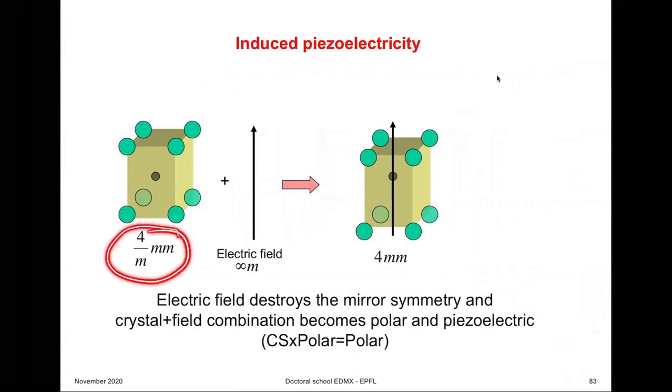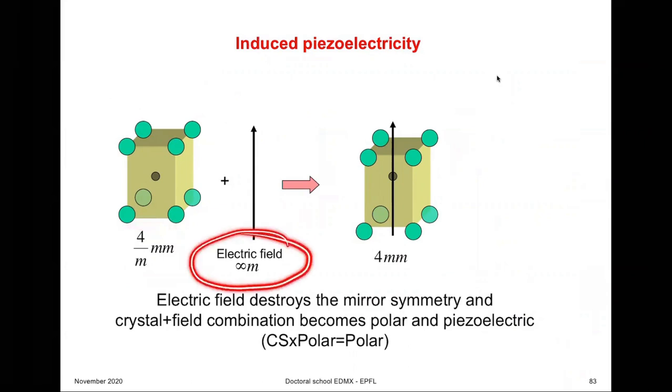If we take this centrosymmetric material and add an electric field, which has symmetry infinity m, together they would have symmetry mm, and that material would be piezoelectric. So a centrosymmetric material plus a vector gives you a polar material.